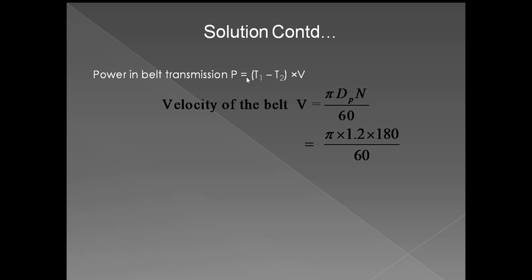V value is in meter per second, then power will be in watts. So D is 1.2, speed is 180. From this we can find the V value as 11.309 meter per second. T1 by T2 equals 2, so T1 equals 2 T2.